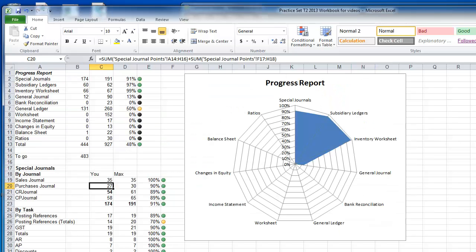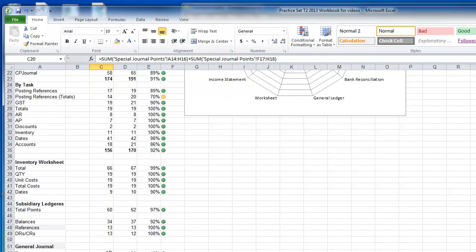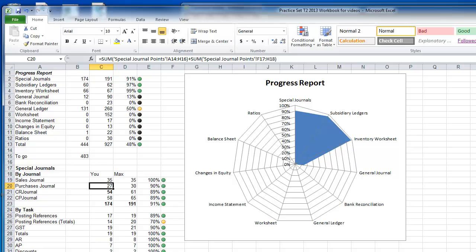But again, we're making reasonably good progress. Subsidiary ledgers, almost done on the subsidiary ledgers. So accounts receivable subsidiary ledgers should be pretty much done. And the inventory worksheet, the only reason that's not complete is we changed the date of a transaction.